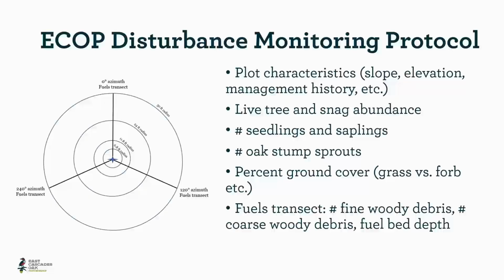Measurements include plot characteristics like basic slope, elevation, the management history, tree and snag measurements such as DBH, height, crown position, and various tree health indicators on trees of different size classes, as well as a number of seedlings and saplings, oak stump sprouts, percent ground cover, and fuel transects that measure fine woody debris, coarse woody debris, and fuel bed depth. So it's a pretty comprehensive plot.